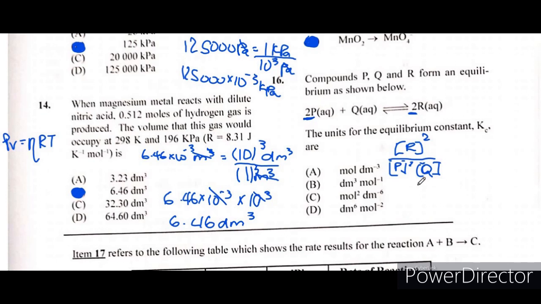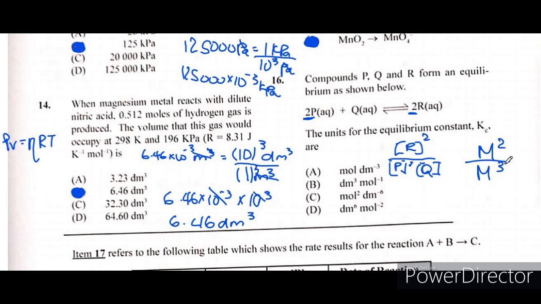So if you work that out, you would have big M squared, which is molar squared, which is mole per dm cubed squared, over, this is like 3 mole per dm cubed to the 3, because it's squared times another, which is going to give you a third power, so it's cubed.